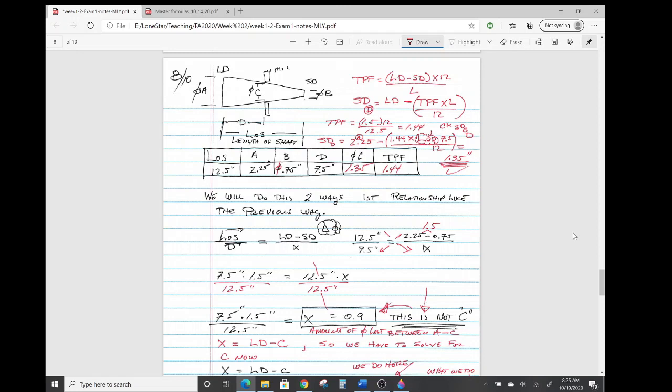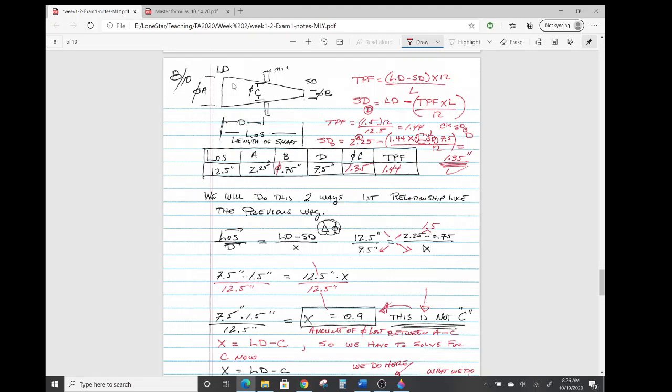All right, here we have a taper. The length of the shaft, the length of the taper plug, is 12.5 inches. The large diameter A is 2.5 inches. The diameter of B, right here, is 0.75 inches.